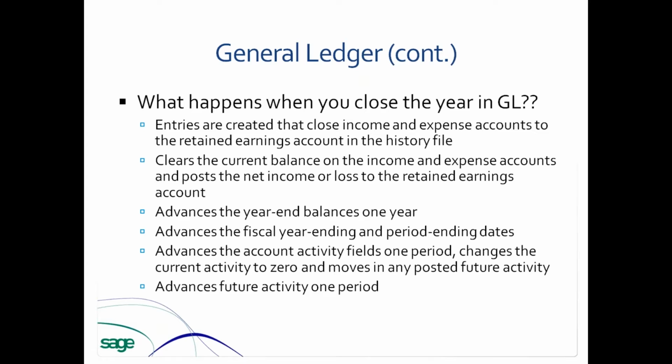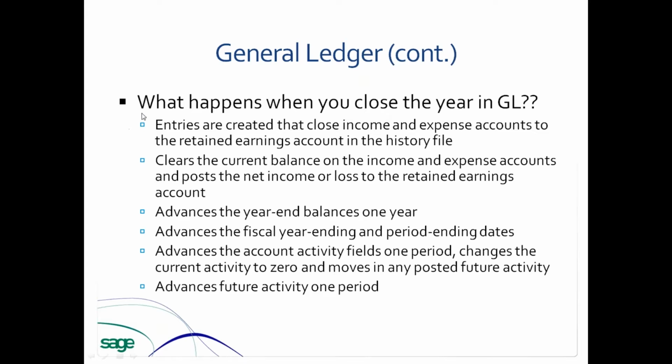So you can run a year-to-date ledger for the future, but that's the only report that's going to give you amounts. By going ahead and closing the year, we can do a prior period adjustment when you finally get those entries. We'll open up that last period of the year and post those entries there.